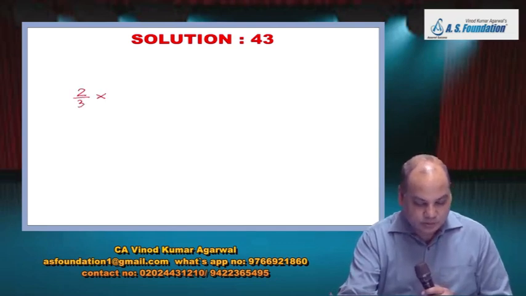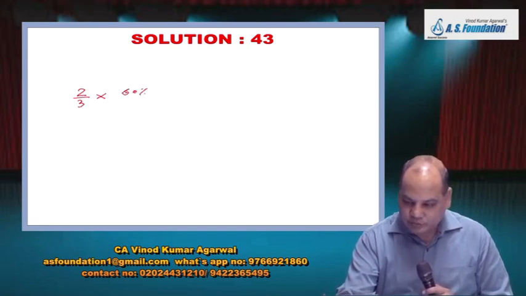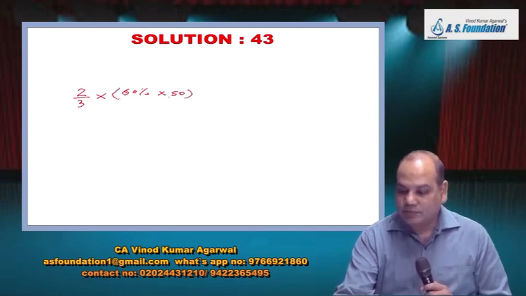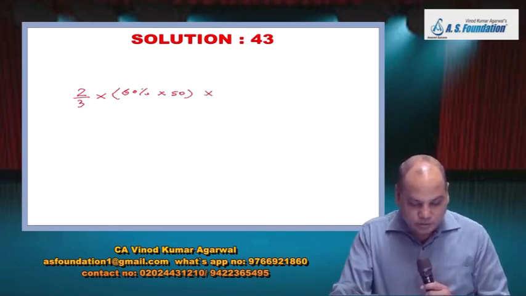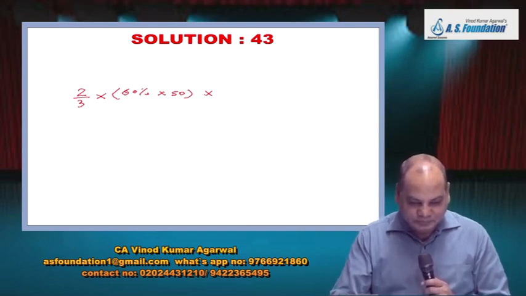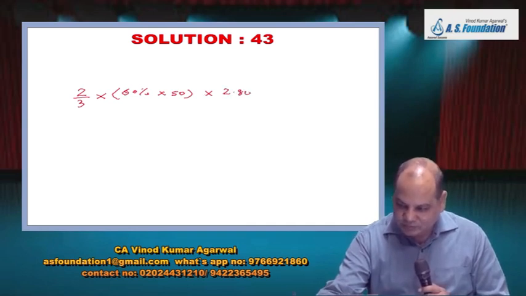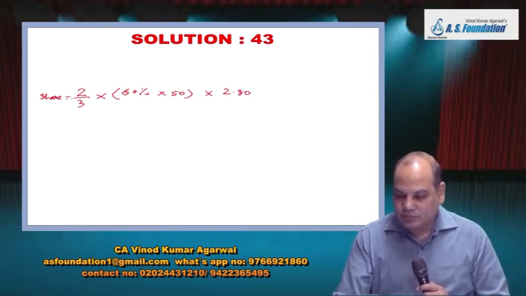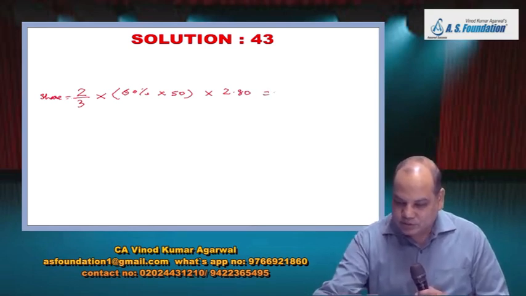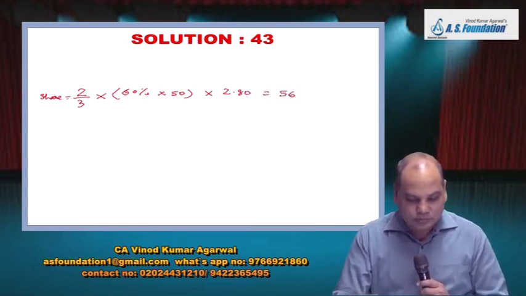And how many shares have they acquired? 60% of 50 million. So these many shares were acquired, multiplied by 2 by 3 and multiplied by the issue price. What is the issue price? The fair value of an equity share in Alpha was 2.80. So the consideration paid in the form of shares is 2 by 3 into 30 into 2.8. Is it 56? $56 million.